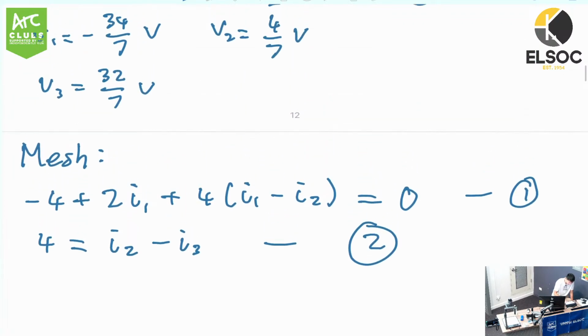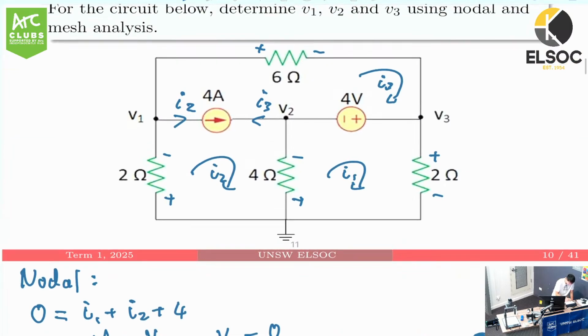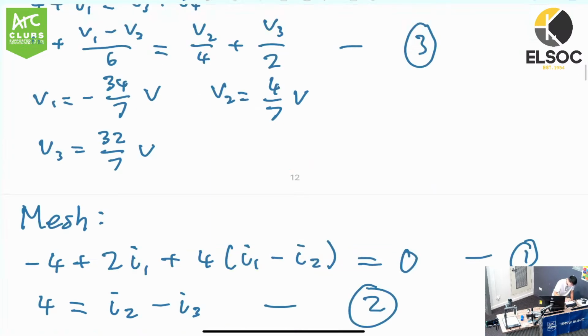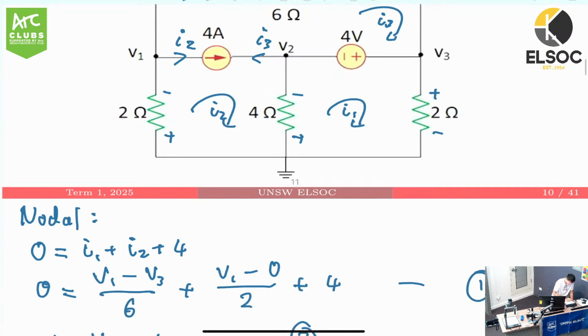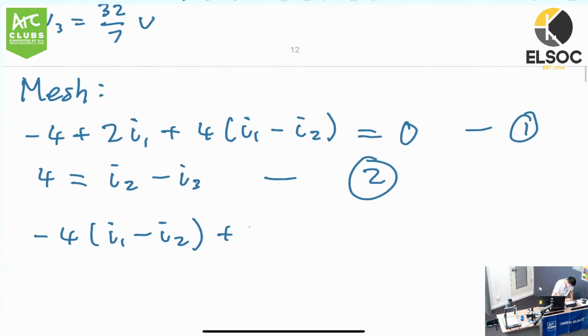And then we can apply KVL at the super mesh. Let's start off with the 4 ohm resistor. We're going through the negative terminal, so we have the 4 ohms, and since it's between I1 and I2, we have to do I1 minus I2. Then we go up the 2 ohm resistor, so plus 2I2.